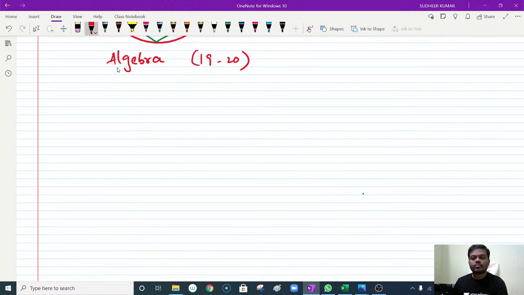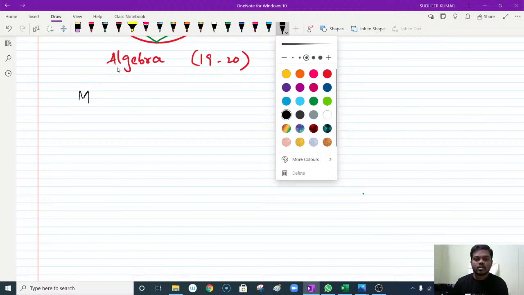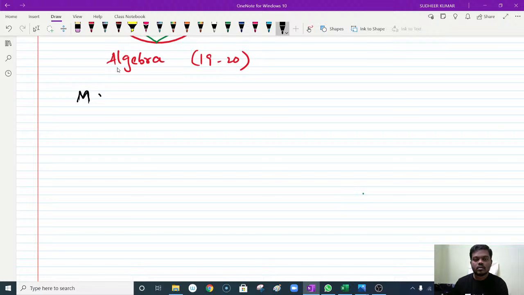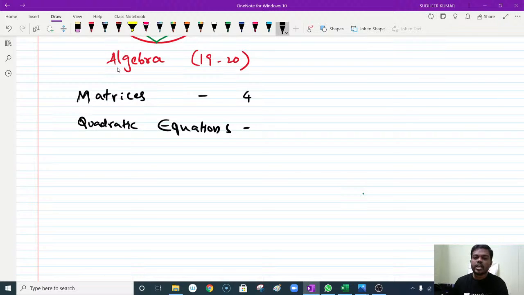The first one is matrices, 4 marks. Next, quadratic equations, 4 to 5 marks. Mathematical induction, one mark.